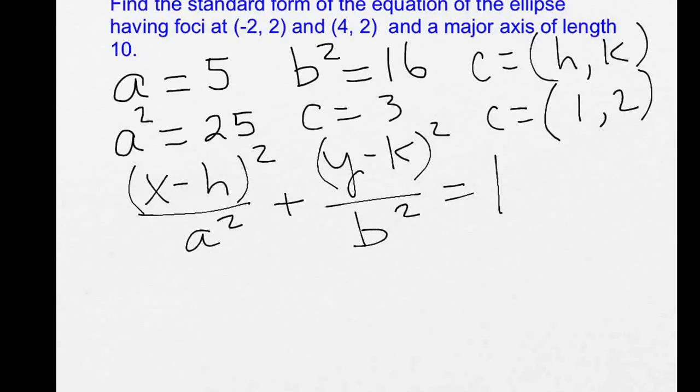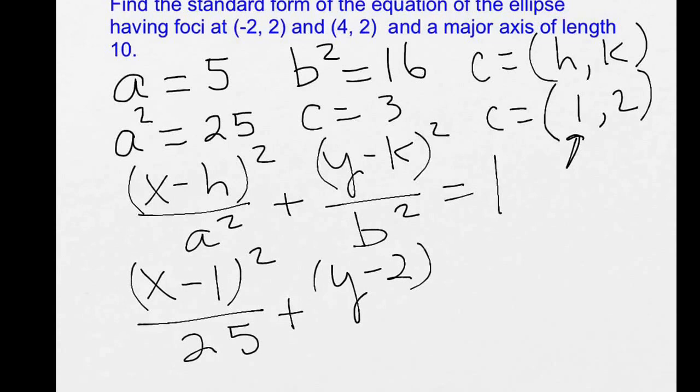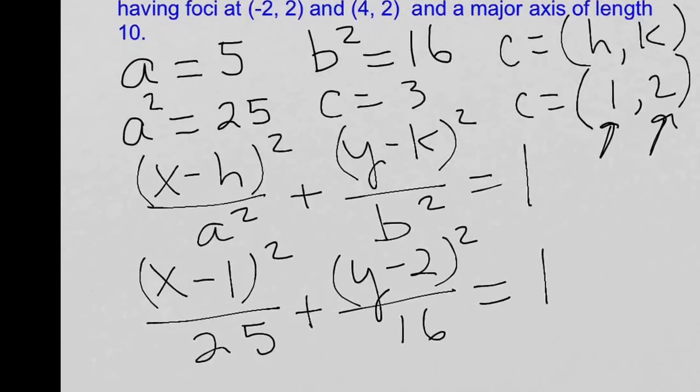I know x minus h, that's my 1, squared over a squared, which I know is 25, plus (y minus 2) squared, that's my k up here, over 16, that's what b squared is, equals 1. There's my standard form of my equation.